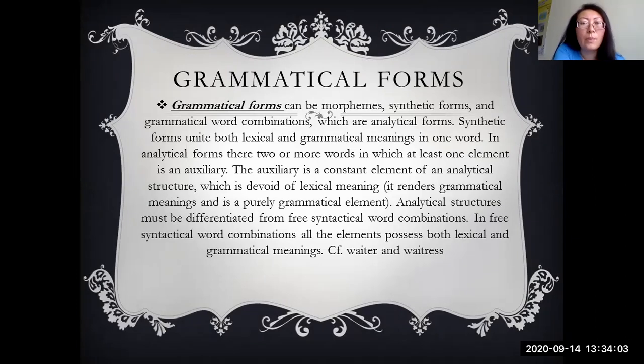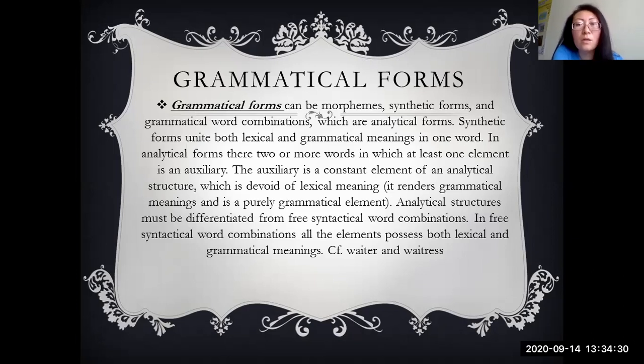Grammatical forms can be morphemes, synthetic forms, and grammatical word combinations, which are analytical forms. Synthetic forms unite both lexical and grammatical meanings in one word. In analytical forms, there are two or more words in which at least one element is an auxiliary.